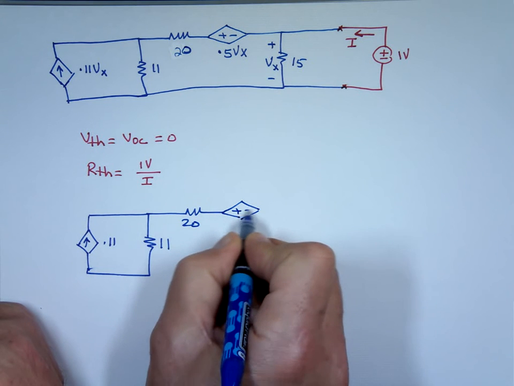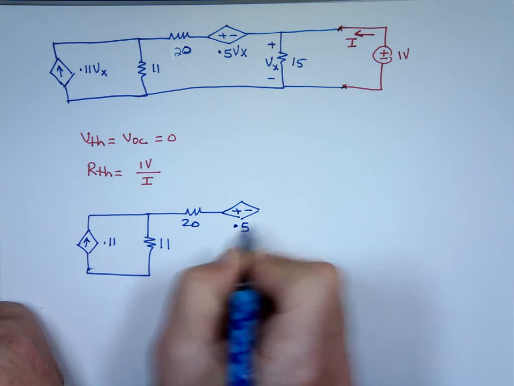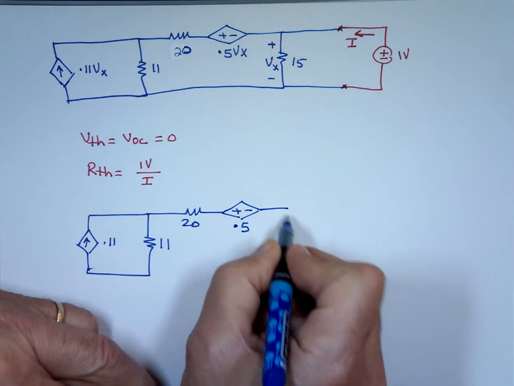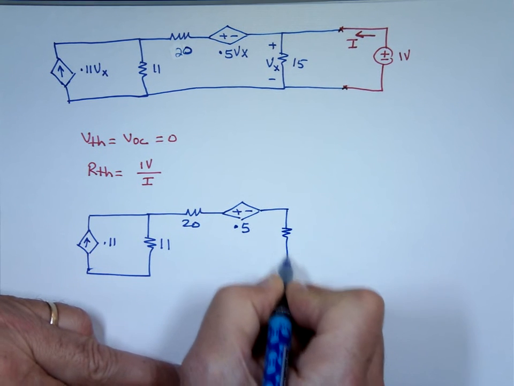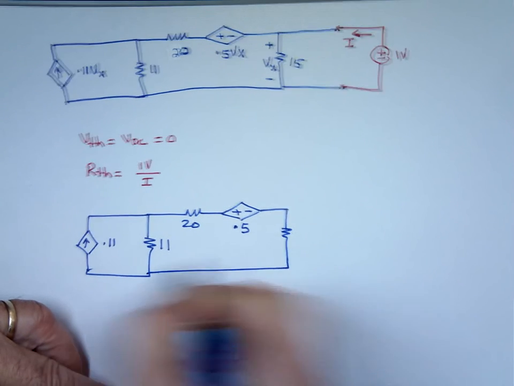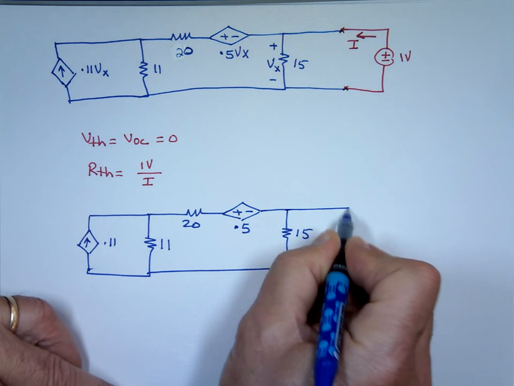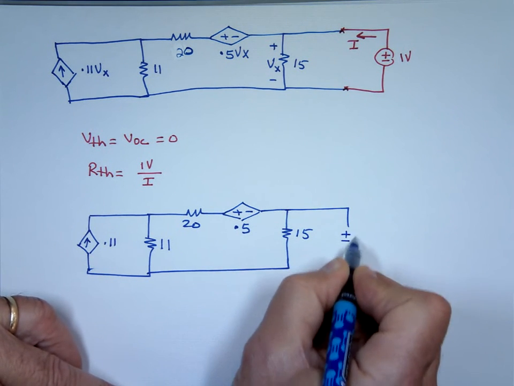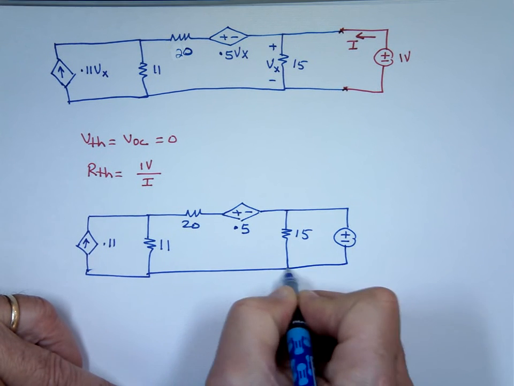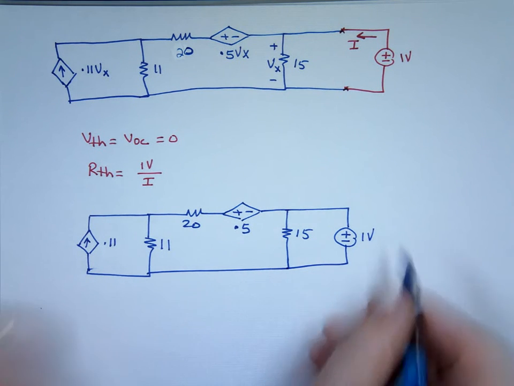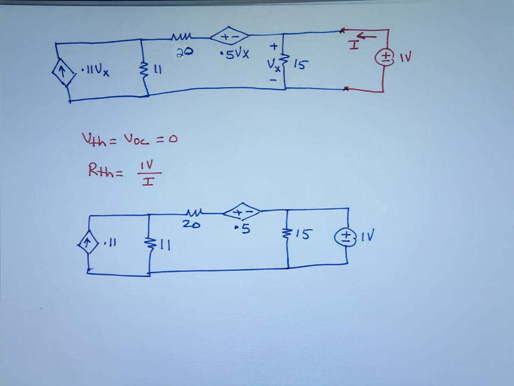I could do a source transformation, or I can just write equations by unknowns.